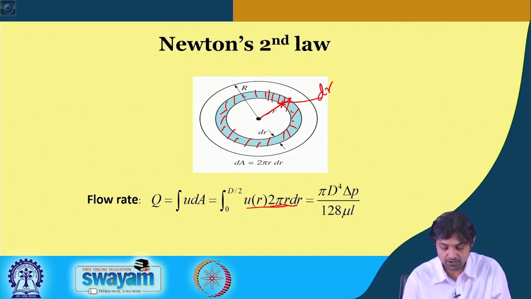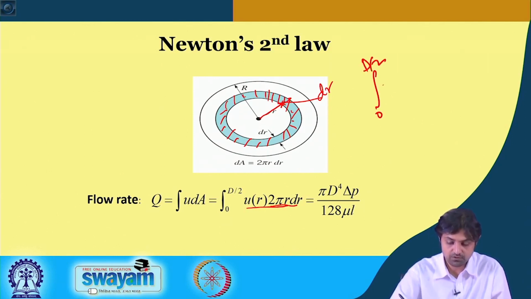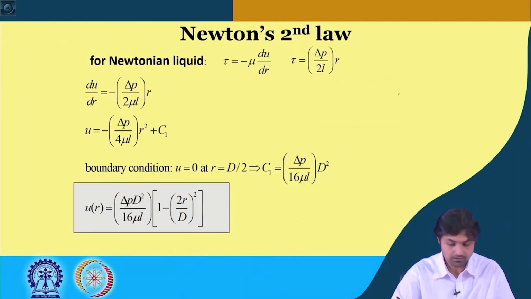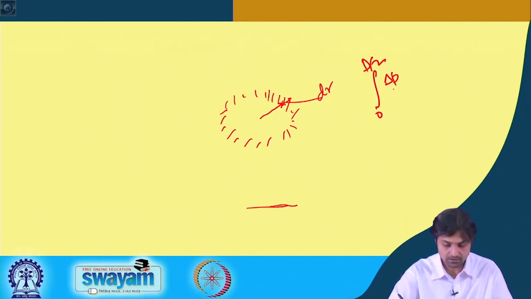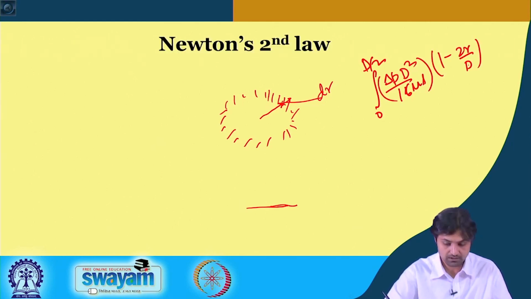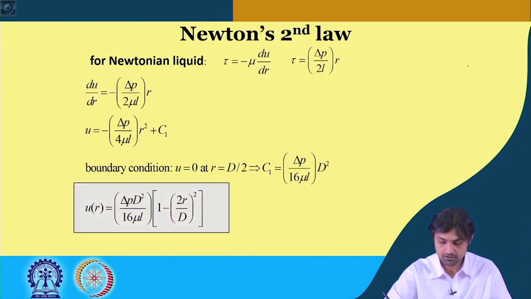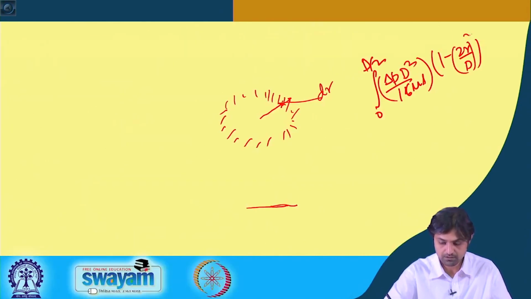So the integral from 0 to d by 2 of u(r), which was delta P d square by 16 mu L into 1 minus 2r by d, into 2 pi r dr.